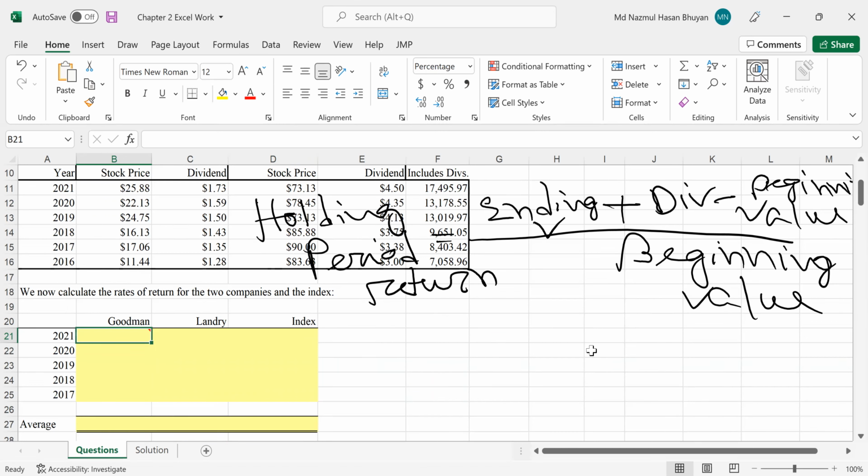So we're going to apply this formula here to calculate holding period return for both of the companies and the market.